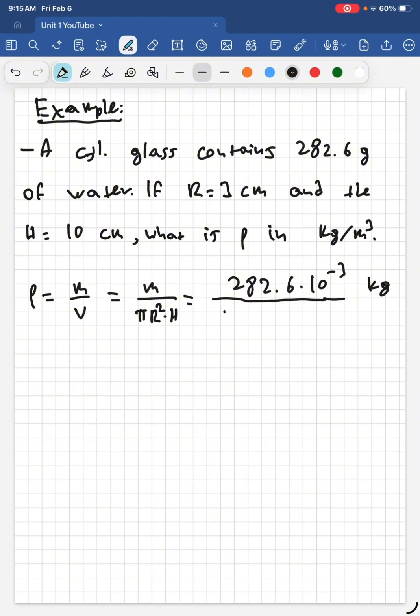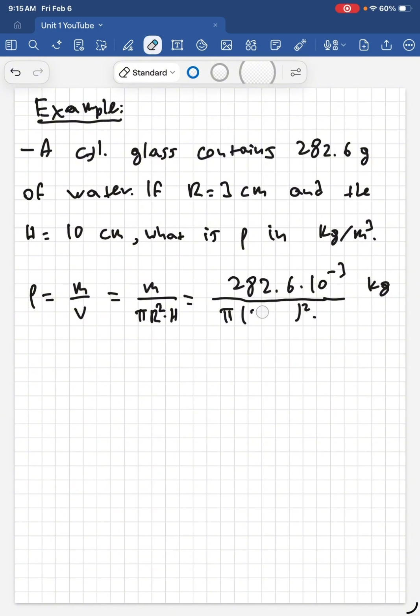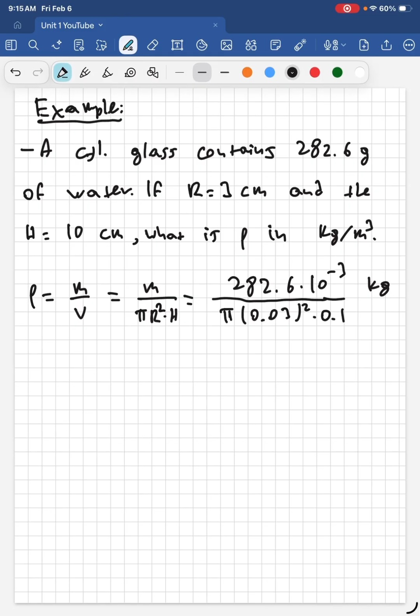And then we have pi, the radius is 3 times 10 to the negative 2 squared, or we can actually write this, so let's write 0.03, and the height is 0.1, and all this is in meters. So rho is exactly 1000 kilograms per cubic meters.